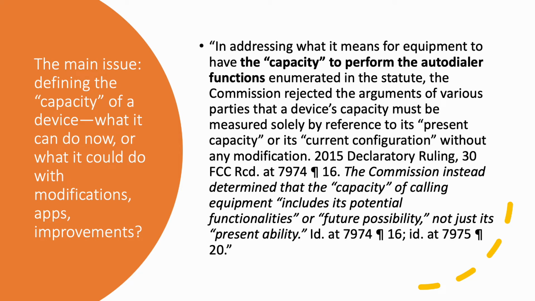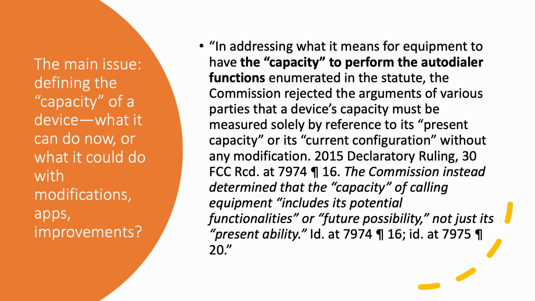Now, I'll tell you briefly why they struck down the FCC's ruling about what devices were considered auto dialers. The reason was pretty simple. The FCC said if a device can be modified through software changes to do automatic phone calls, then it's an ATDS and it's illegal and we can regulate it and you can't use it.